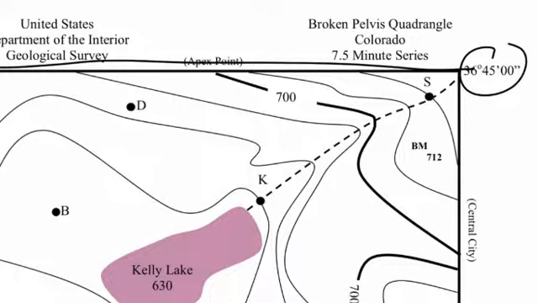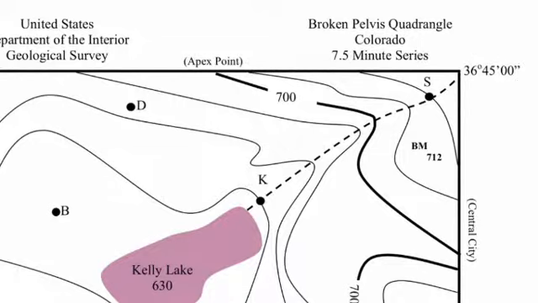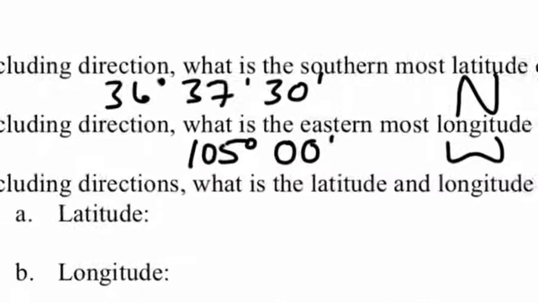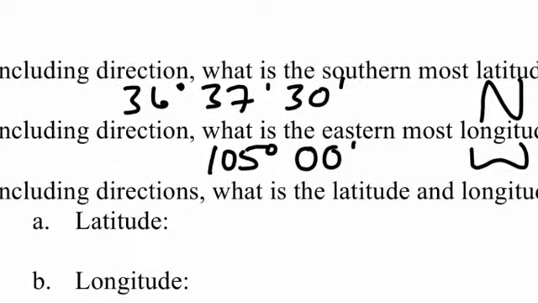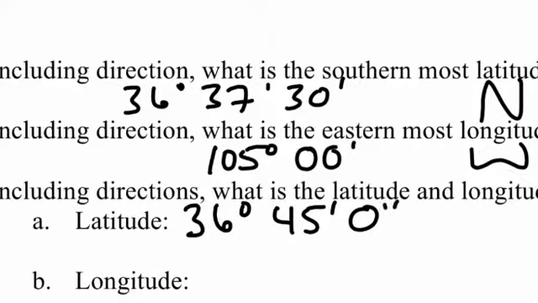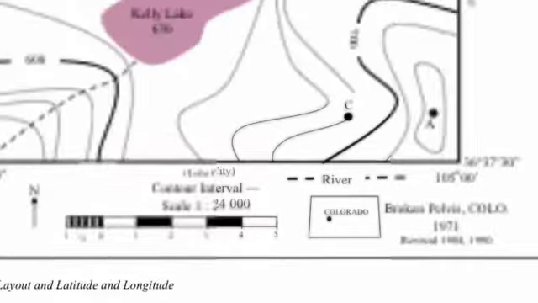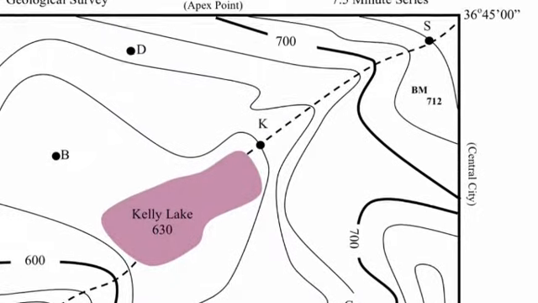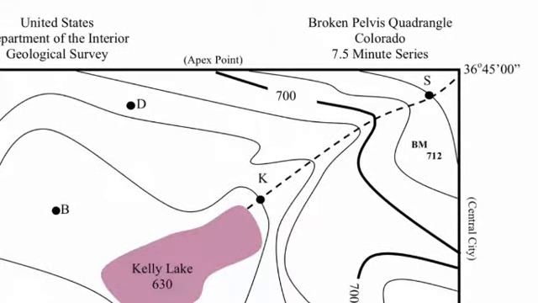That would be 36:45 even. So I'm going to go ahead and put that: 36 degrees, 45 minutes, 0 seconds, and I know it's north because it's above the equator. And now I'm going to go ahead and take a look at the longitude. If we take a look in the top part of the map, there is no longitude that's given. But again, I know that everywhere along this line of longitude, my longitude is the same.